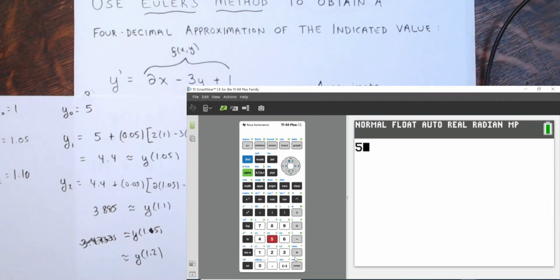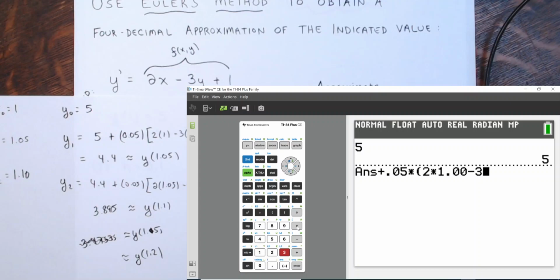So, enter 5, and then previous answer plus h, 0.05 times, see, one little mistake can throw everything off. Then 2 times 1.00 minus 3 times previous answer plus 1.